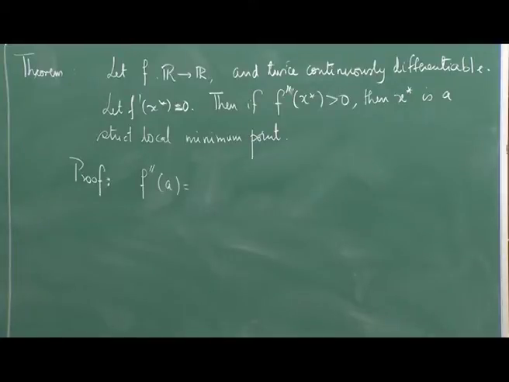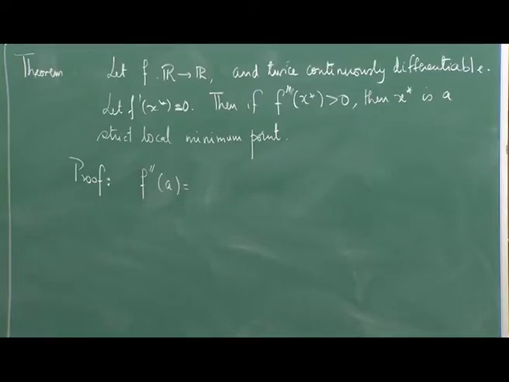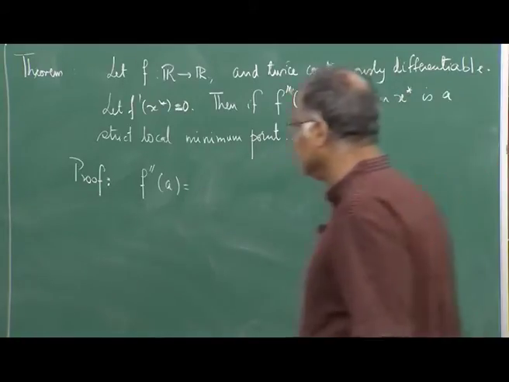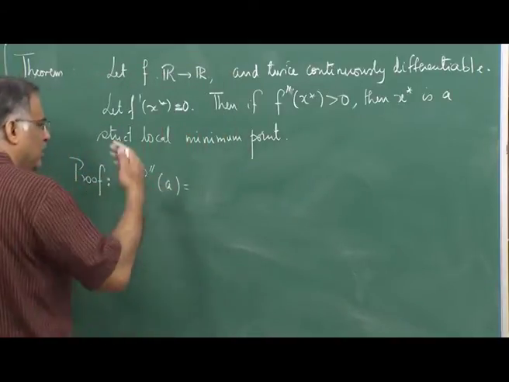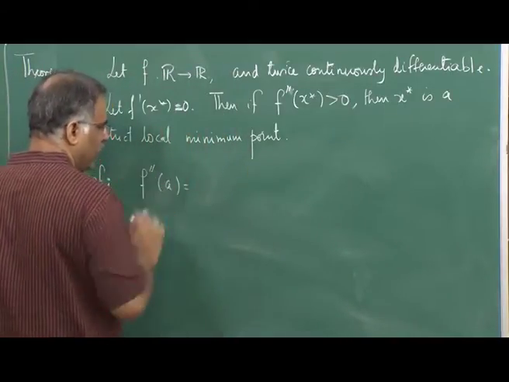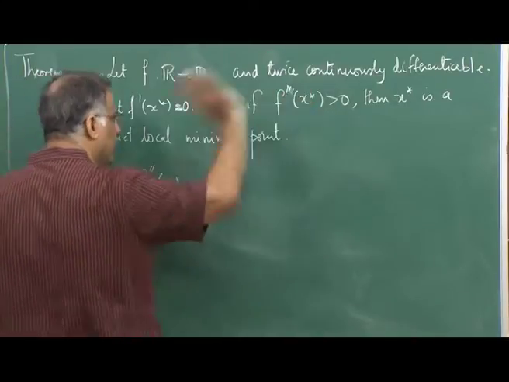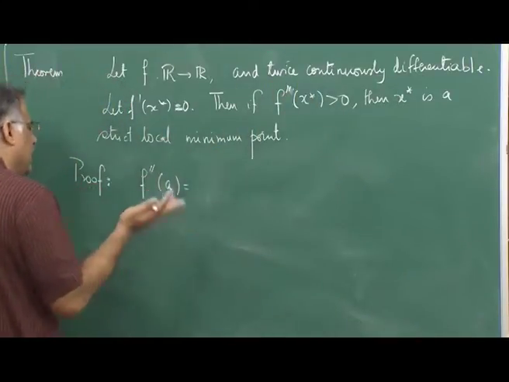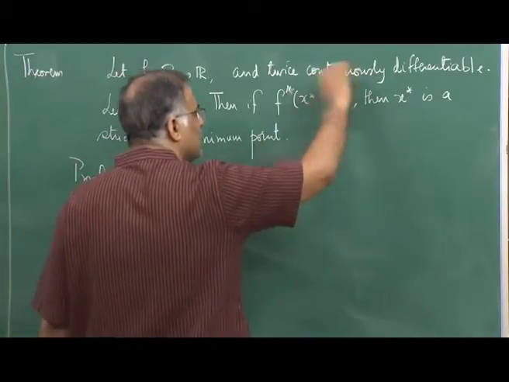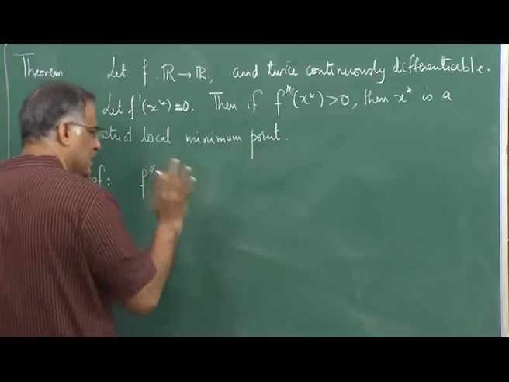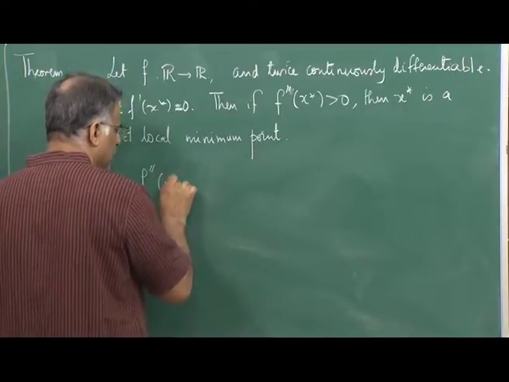But in standard problems, the word twice continuously differentiable would be helpful when we talk about Taylor's theorem and use it to prove this result. We will prove this result again in a different way, but it does not matter if you keep this. Second derivative existing at x star is enough.